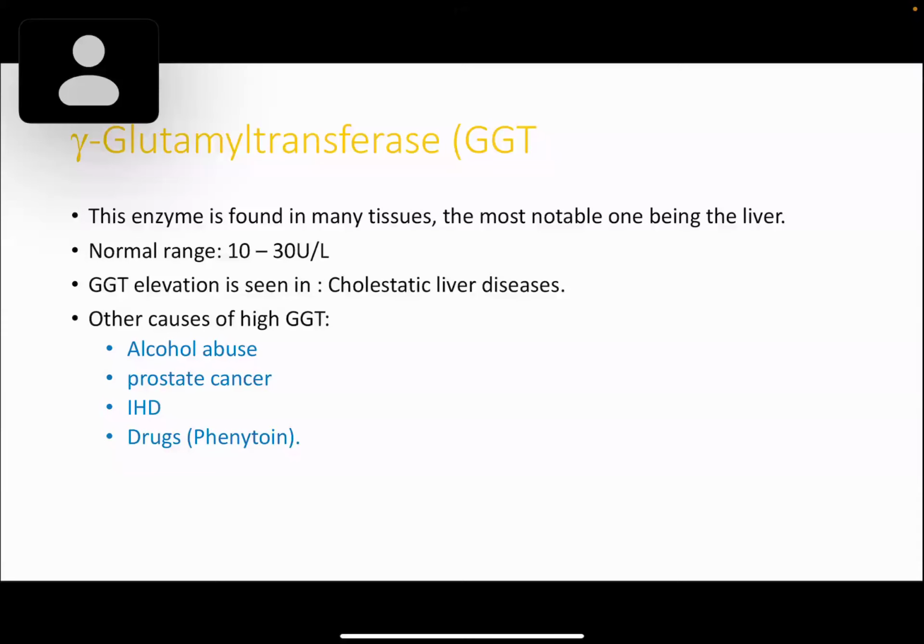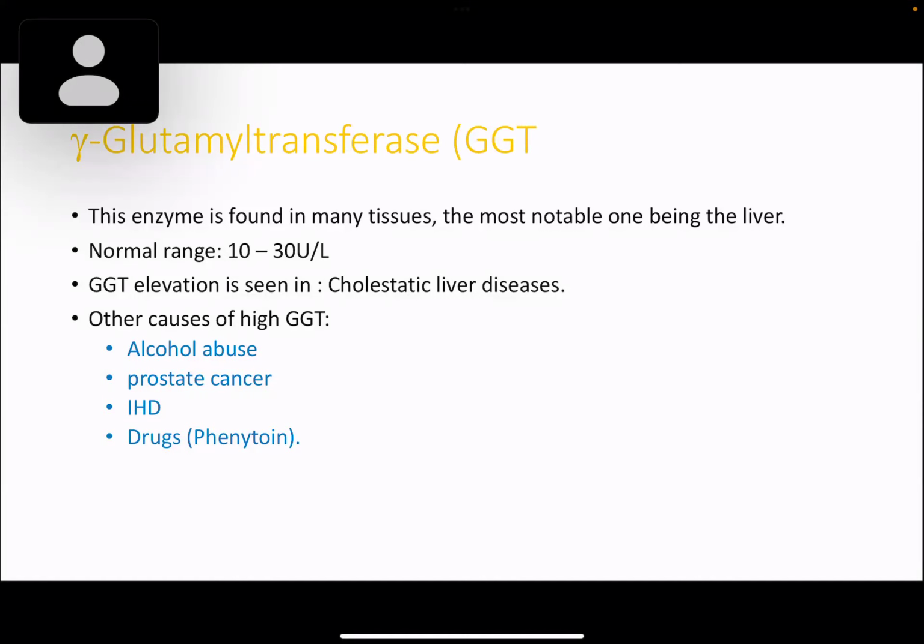Gamma glutamyl transferase or transpeptidase, both terms are correct, is another enzyme that can suggest a biliary disease. But it's not specific to liver disease. Elevation of GGT can result from chronic alcohol intake, prostate cancer, ischemic heart disease, and some drugs like phenytoin.